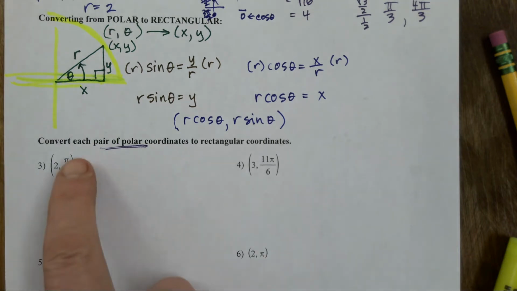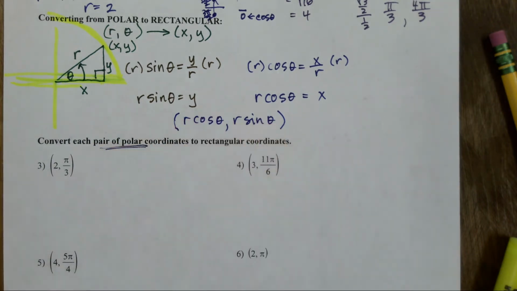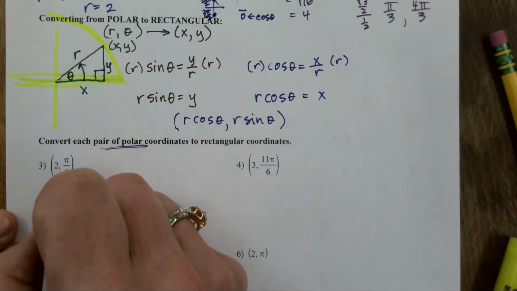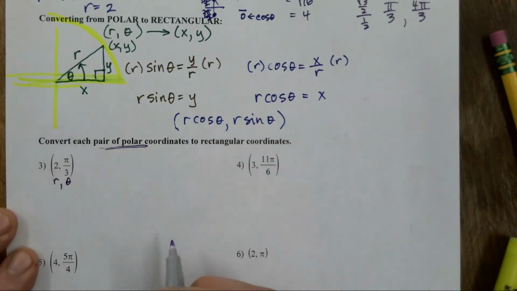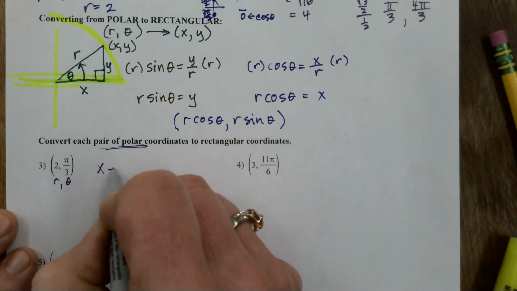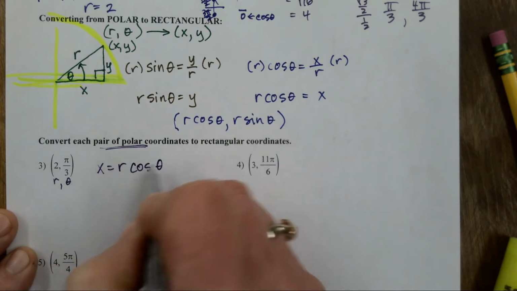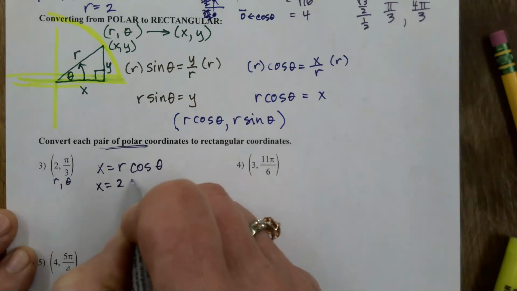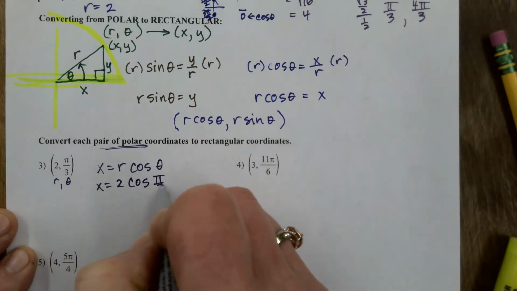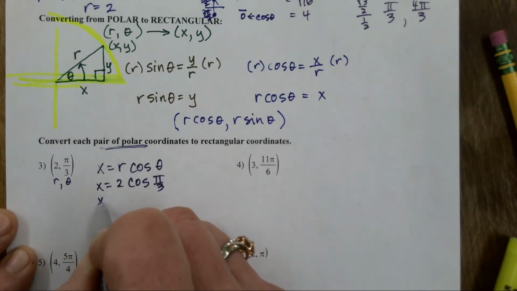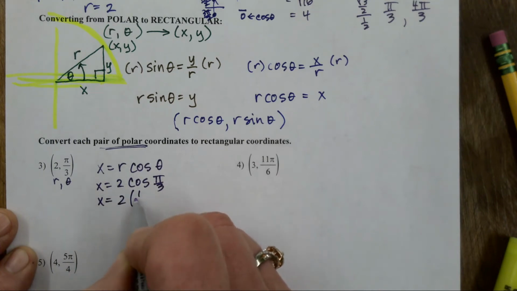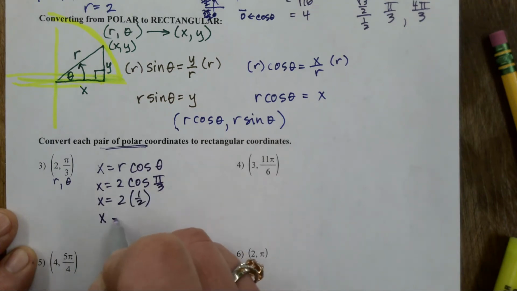This one is convert the polar to rectangular, so I'm going to take this. I have r and I have theta. And my x is found by taking r times the cosine of theta. In this case, x is 2 times the cosine of pi over 3. Cosine of pi over 3 is 1/2. So x is 1.